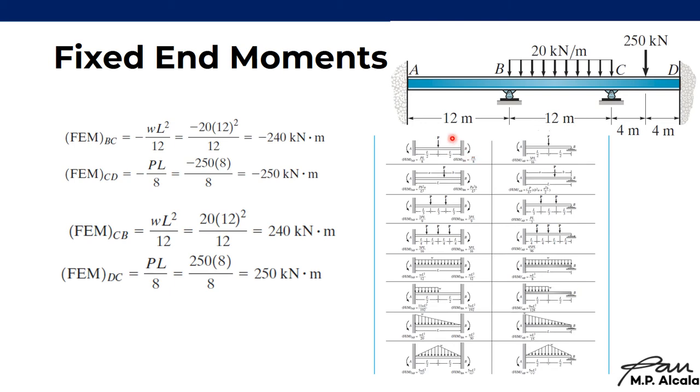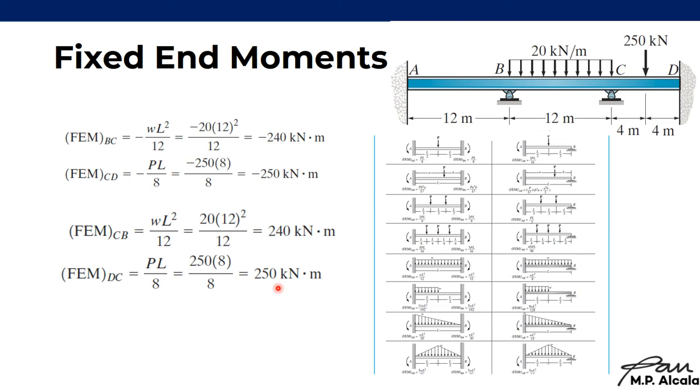Getting the mirror again, that will give us FEMCD negative PL over 8. This one. Okay? Clockwise. And the other one will give us FEMDC, the other end, PL over 8, positive. Okay? That will be our fixed end moments.